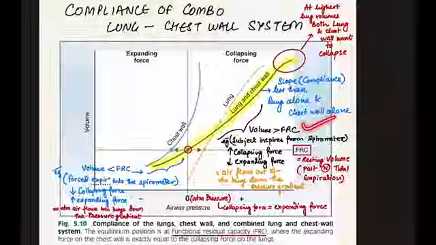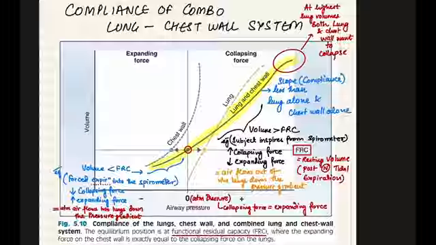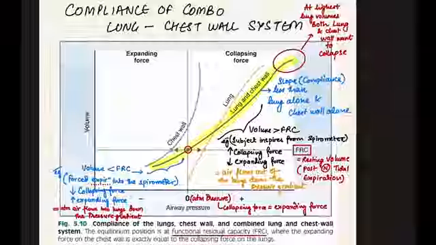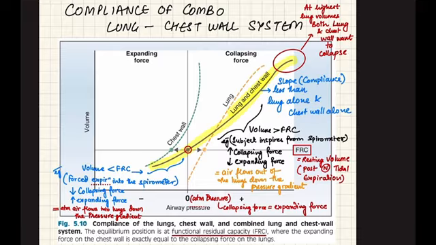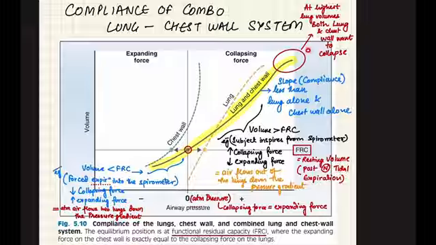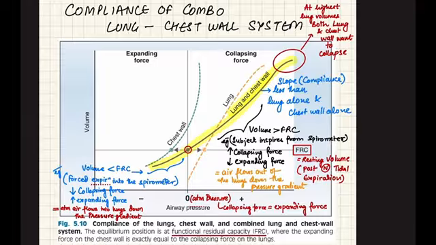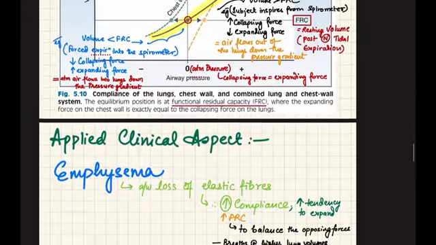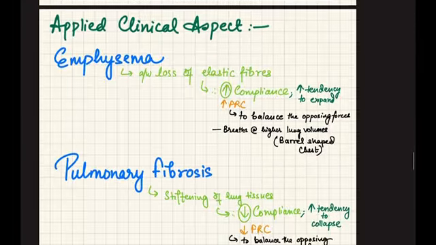Similarly, when the volume is more than functional residual capacity, for example when a subject inspires from a spirometer, the collapsing force will increase and the expanding force will decrease, letting the air flow out of the system into the atmosphere down the pressure gradient. We can also see that at the highest lung volumes, both lung and chest wall actually want to collapse because of the effect of elastic recoil and elastance.